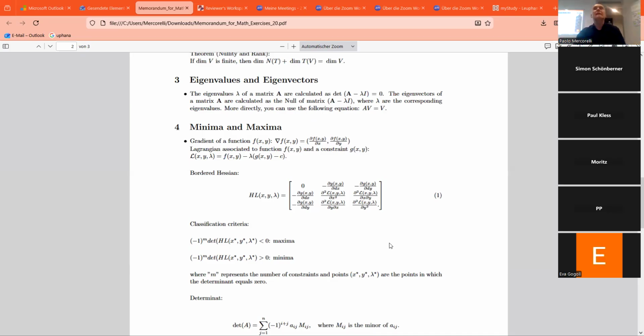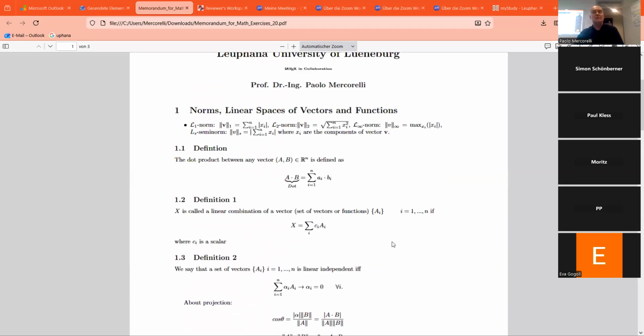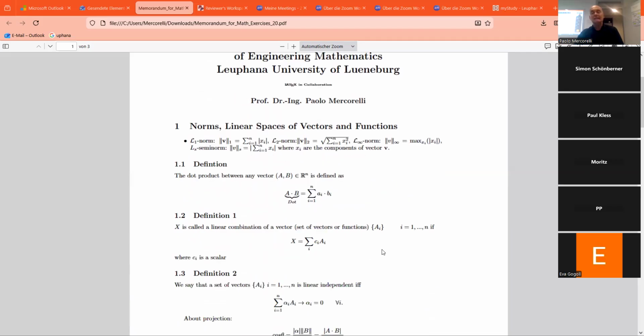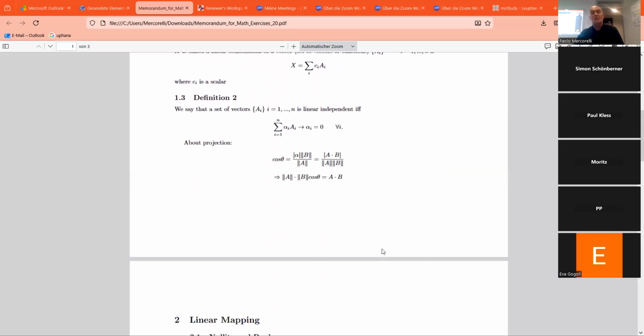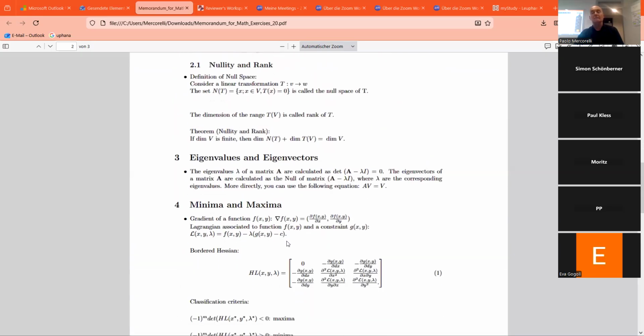Completing the rest means to look at this memorandum and consider easy examples in terms of norms, products, linear mapping we did. Eigenvalues, eigenvectors, I think we didn't do, right?